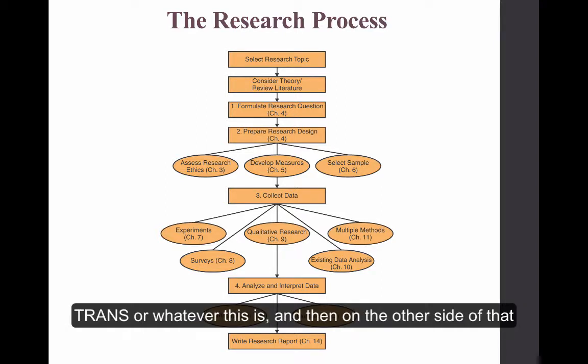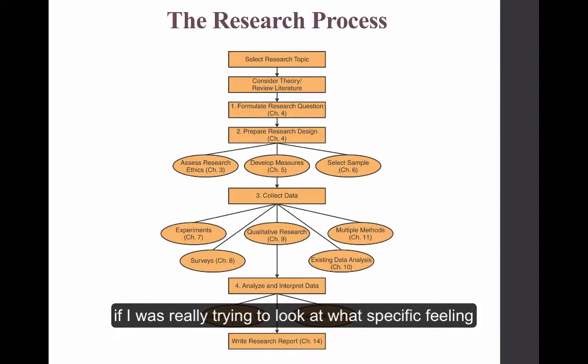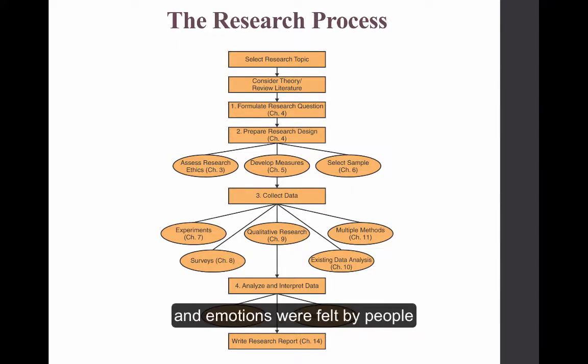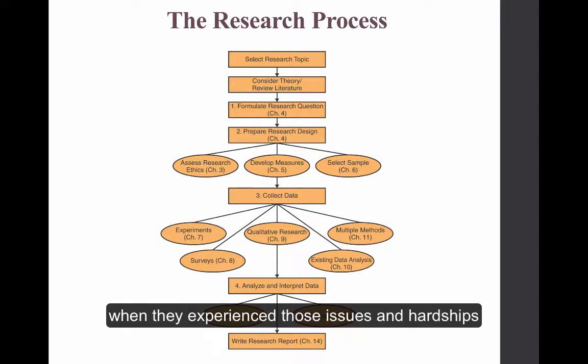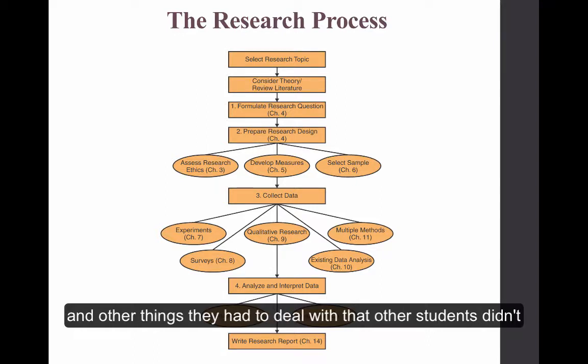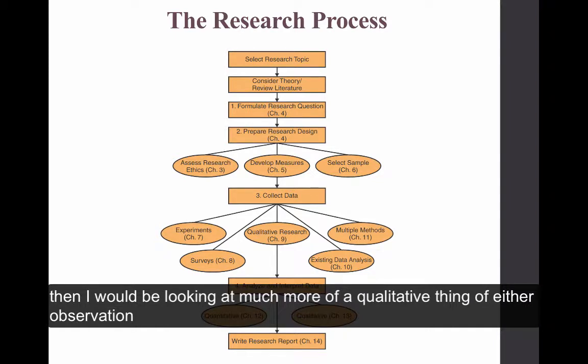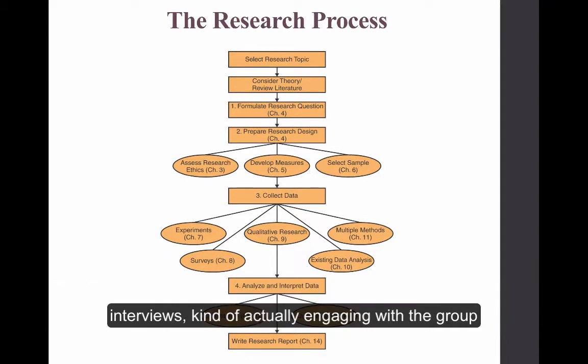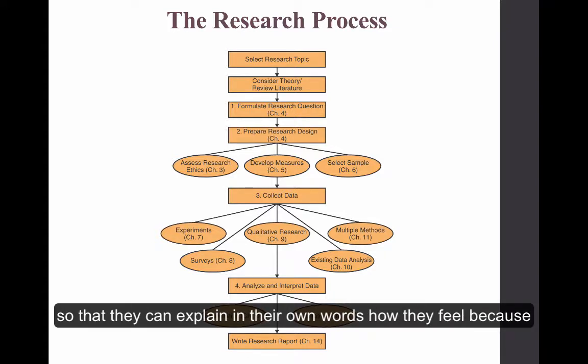And then on the other side of that, if I was really trying to look at what specific feelings and emotions were felt by people when they experienced those issues and hardships and other things they had to deal with that other students didn't, then I would be looking at much more of a qualitative thing, right? Of either observation, interviews, kind of actually engaging with the group so that they can explain in their own words how they feel, right?